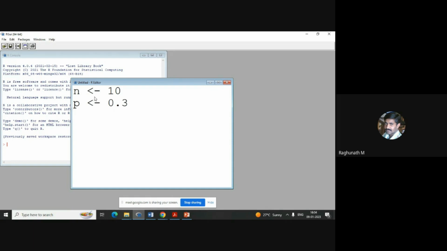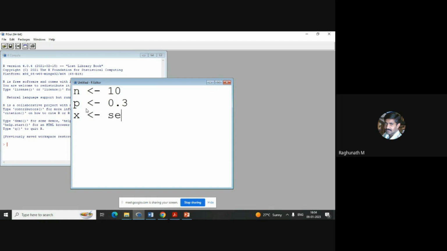Now I have to compute the probability mass, the PMF, that is the probability of x equal to small x. My random variable x will take values 0, 1 up to n. So let us define a sequence for it. I think you are already familiar with the sequence function.